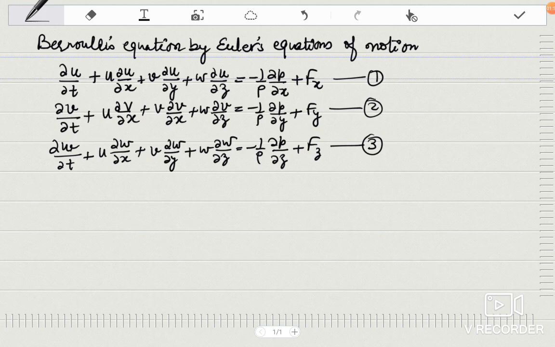Now when we derive Bernoulli's equation, we take assumption number 1, flow is irrotational, and the second one is that external forces are conservative.